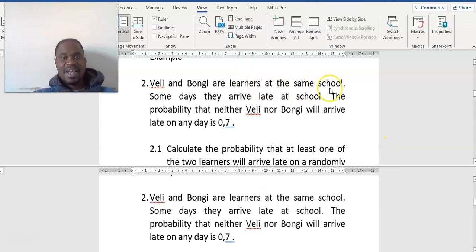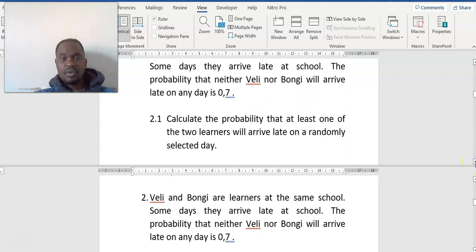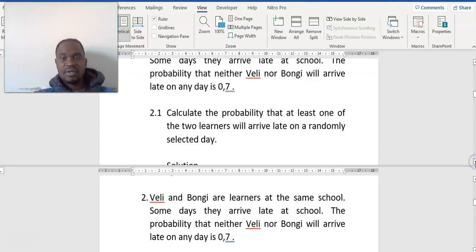Our learners are in the same school. Some days they arrive late at school. The probability that neither Valley nor Bongani will arrive late on any day is 0.7. Calculate the probability that at least one of the two learners will arrive late on a randomly selected day.